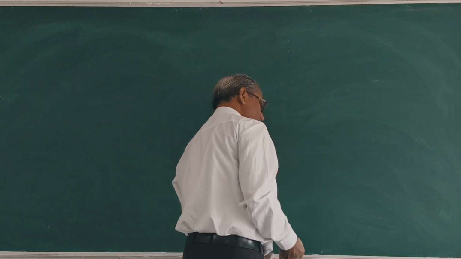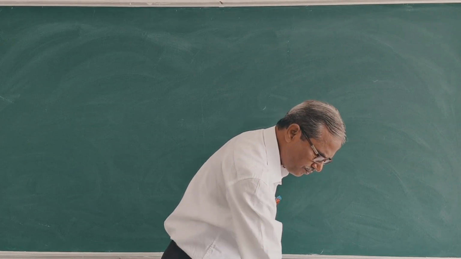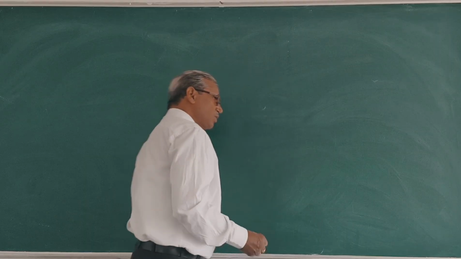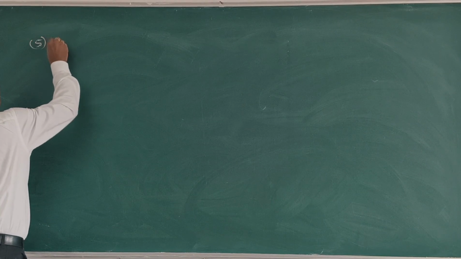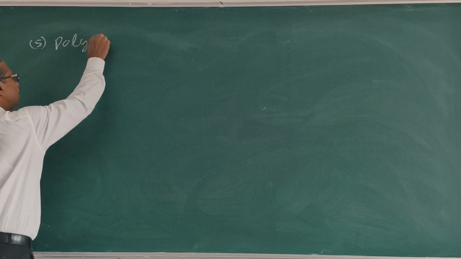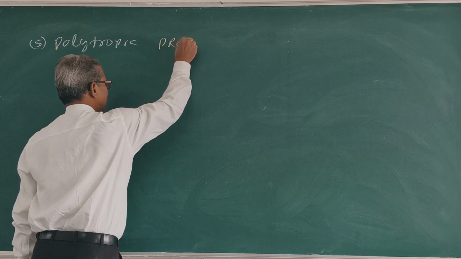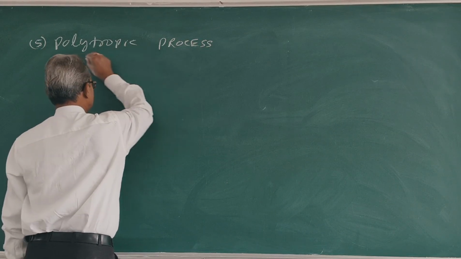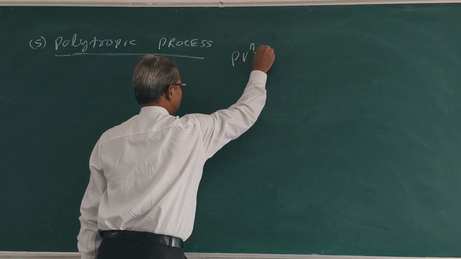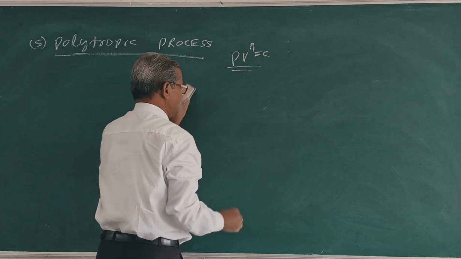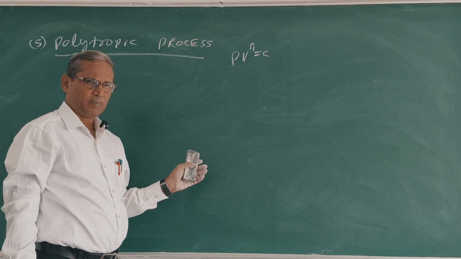Next, process number 5, polytropic process. This process follows the law P V to the power n is constant. Same process, same formula as the adiabatic process, but we can replace gamma with n. Clear?